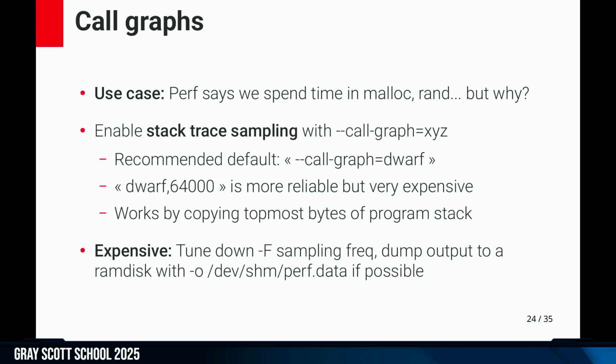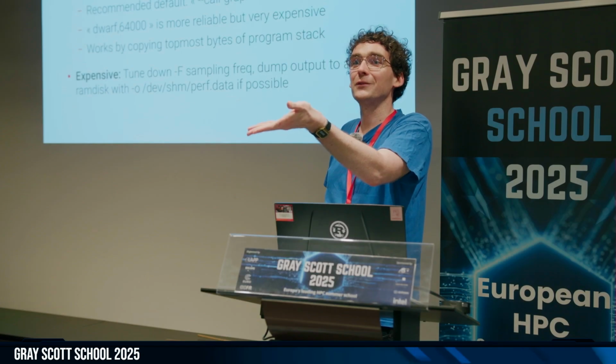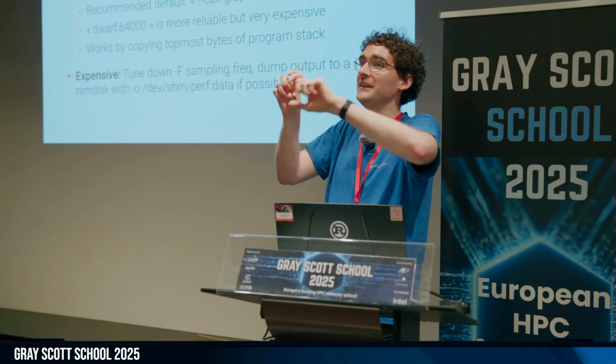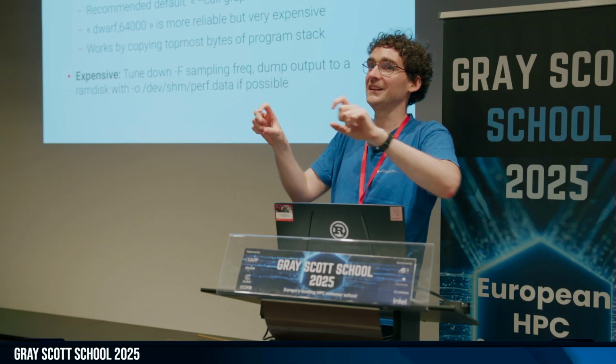So what it does instead is it copies the top of the stack of your program, and later, as a delayed analysis, it will try to analyze the top of the stack of the program and figure out the full stack trace. Hopefully, you will have recorded enough data to get the full stack trace. But if you are allocating lots of objects on the stack, this may not happen.